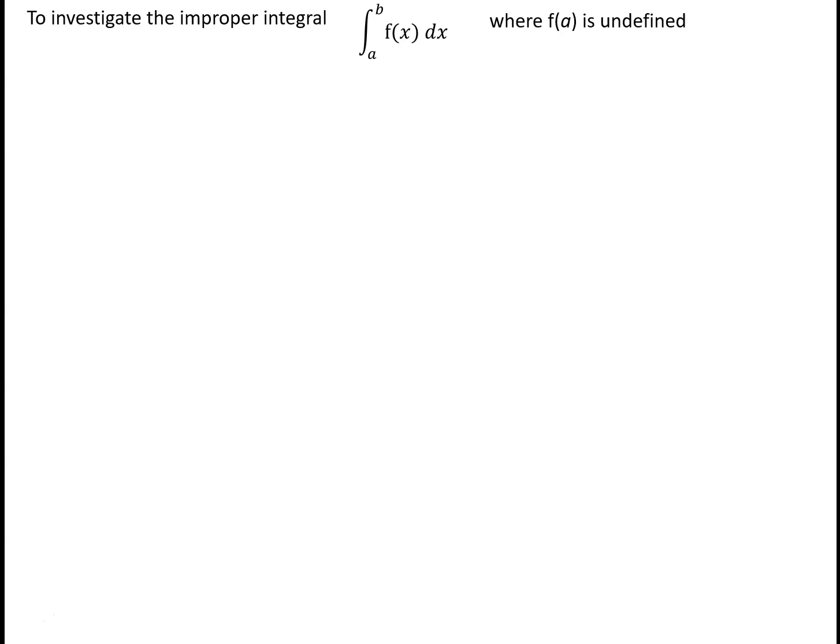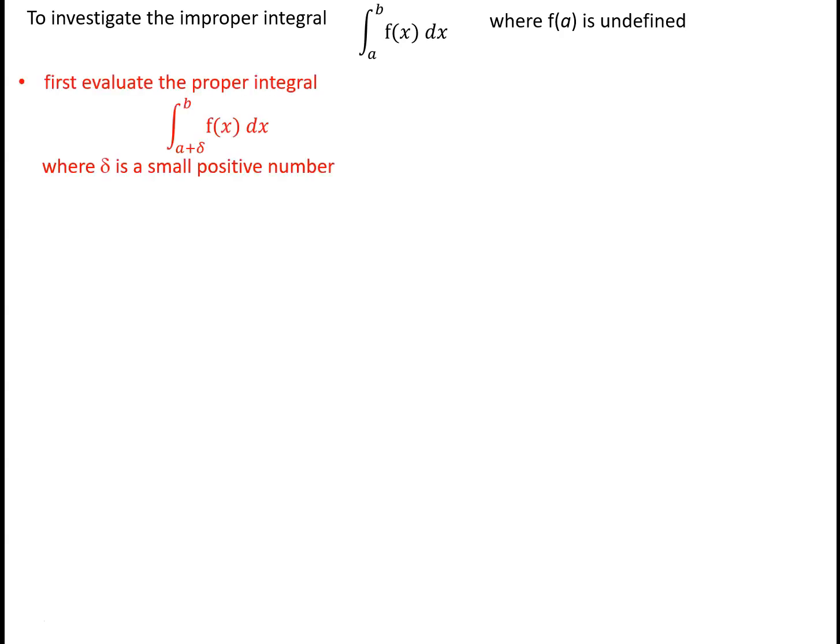So if we want to consider the improper integral between a and b of f of x, where the integral is improper because f of a is undefined, then we start off by evaluating the proper integral between a plus delta and b of f of x, where delta is a small positive number.